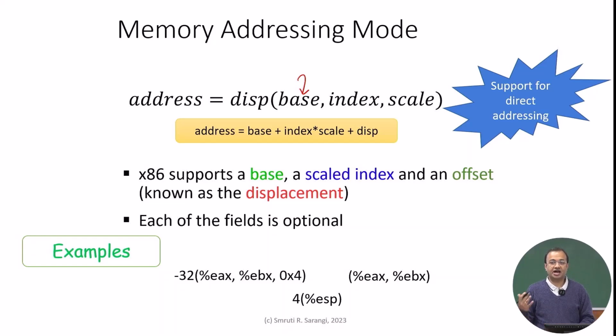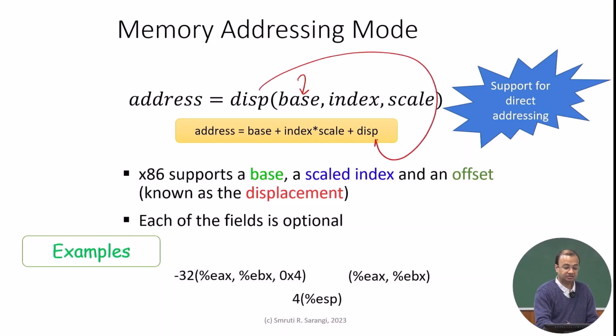So in the case of a char, it is 1 byte, so the scale will be 1, right? So on and so forth: 1, 2, 4, 8. And finally, on top of this, we can add a scalar displacement. So the net address that is computed is base plus index times scale plus displacement.